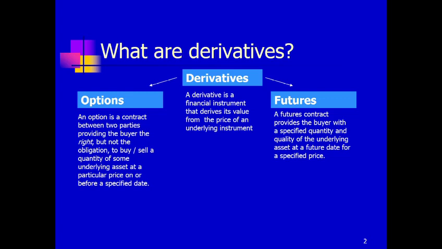A futures contract is a contract for you to pay for receiving something in the future. How do you think you'd calculate that? It's not the present value, it's not the discounted value. What is it? It's the future value.